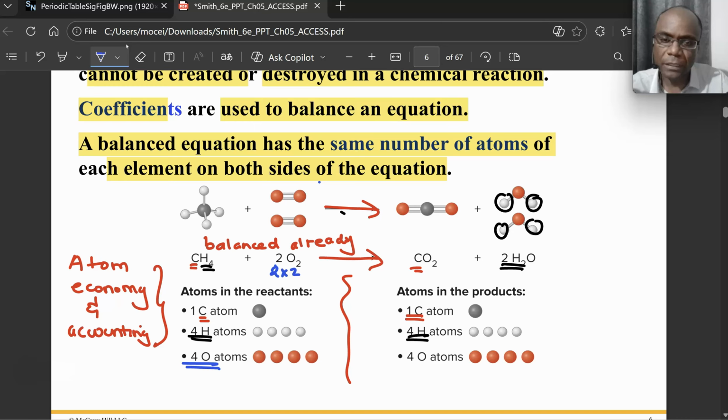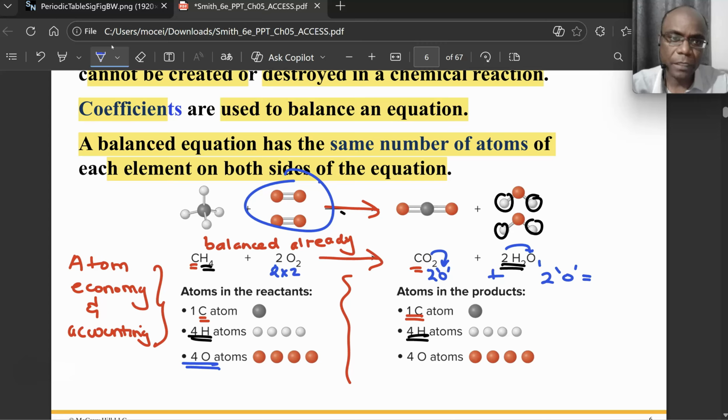I have 4 oxygen atoms, the red ones. And then I have 2 oxygens here, and 2 times 1 is 2. I also have 2 oxygens there. If you add them together, they give us 4 oxygens, which is what we have down here.